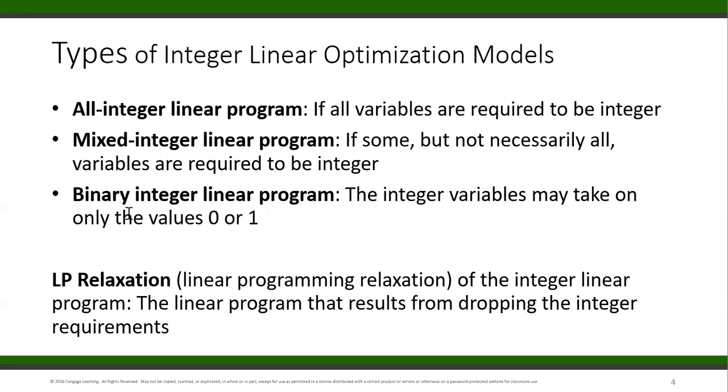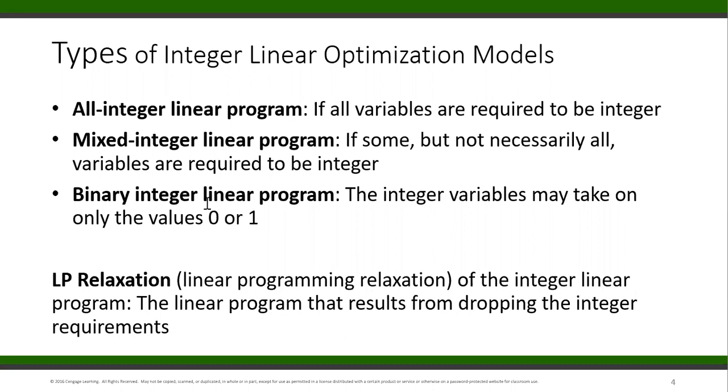And then the next one is binary integer LP, where all the decision variables take on either 0 or 1, when they're all of binary type. If you have at least one continuous and at least one binary or integer, then it's going to be called mixed integer, right?